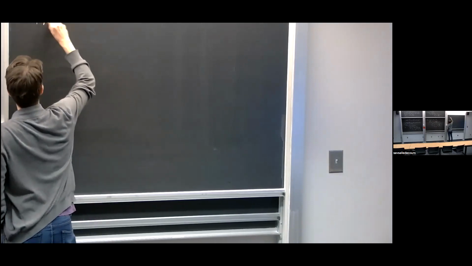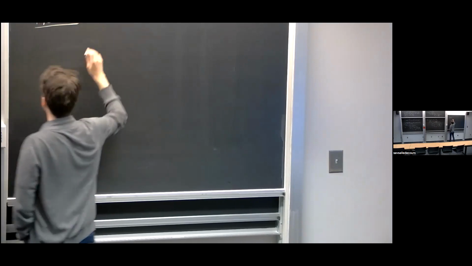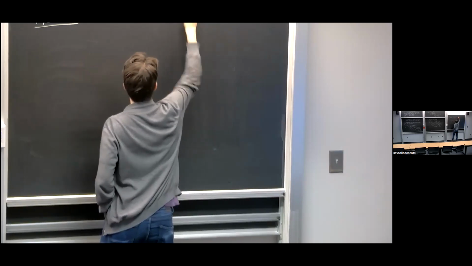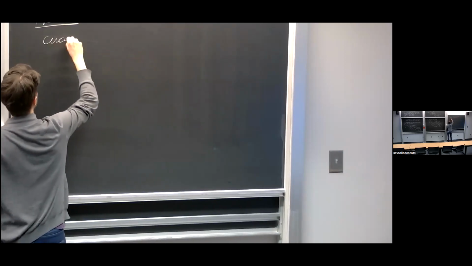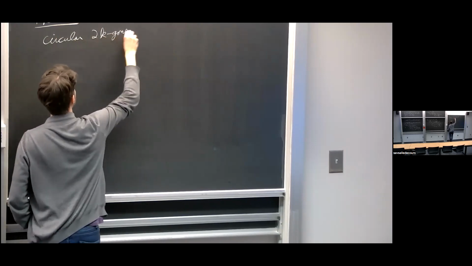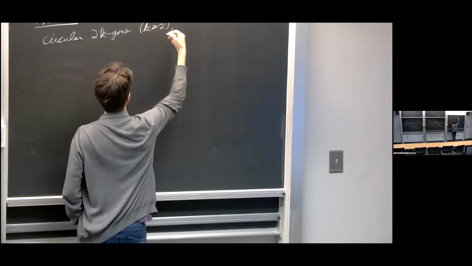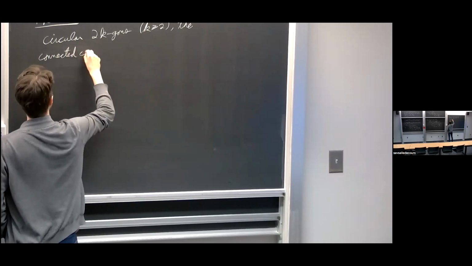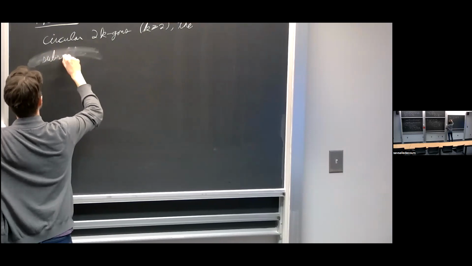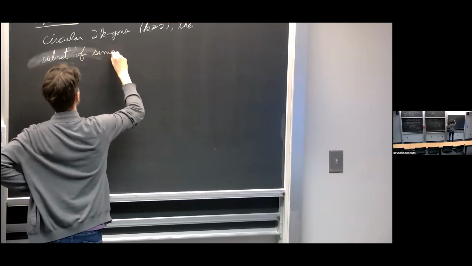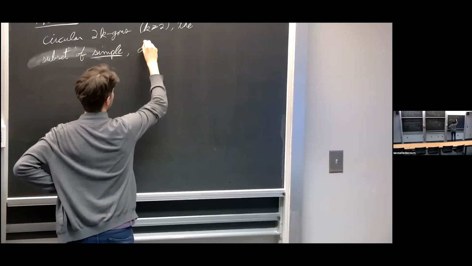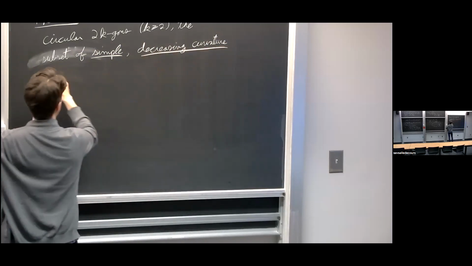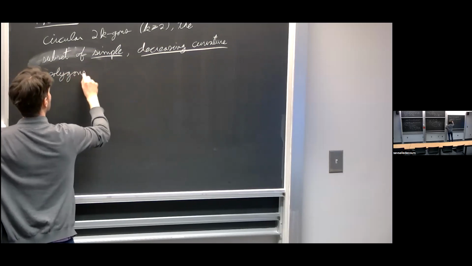So the theorem that we prove in the paper is that in the moduli space of circular 2k-gons, with k at least 2, the connected component, or the subset of simple and decreasing curvature polygons, which is the thing that I will define later, is a connected component.